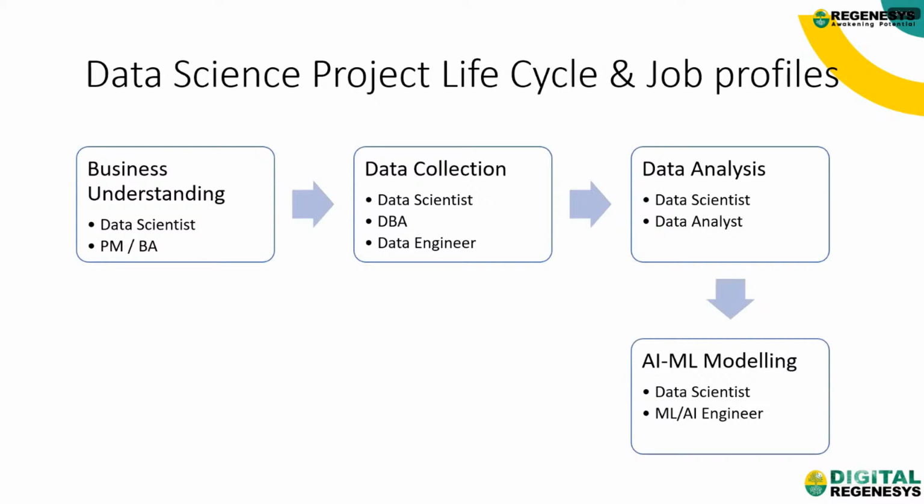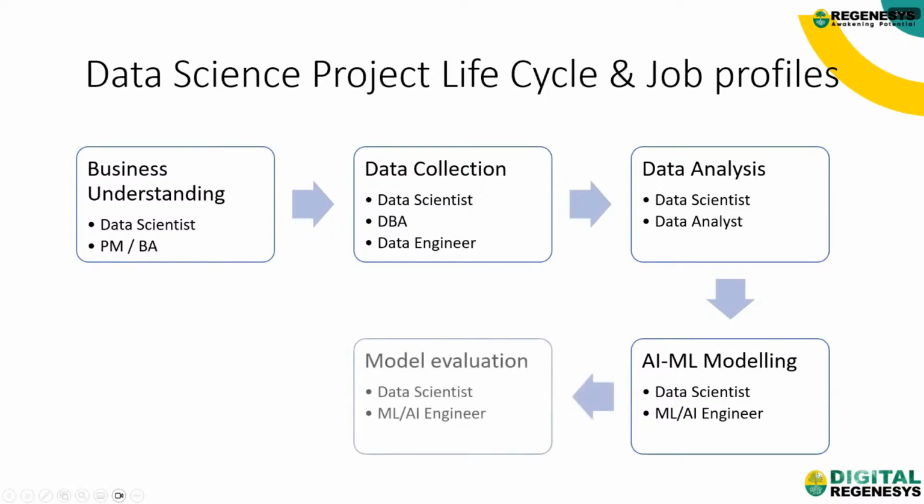Followed by that, you will build AI ML model using the data which we have analyzed in an earlier stage. So here you have got the job profiles such as data scientist or AI ML engineer. Once the model is built, usually you don't build a single model.